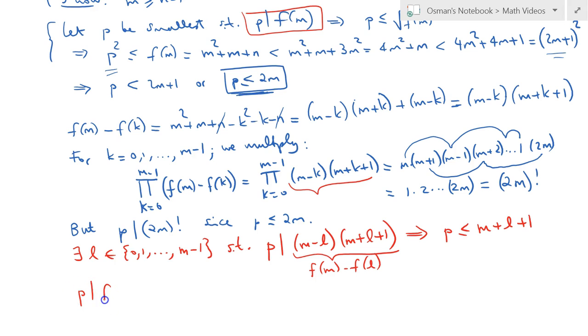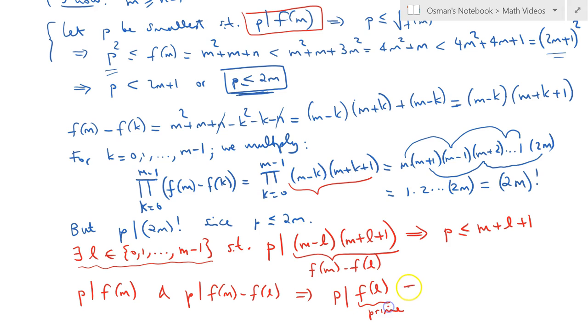So p divides f of m, and also p divides f of m minus f of L. So this implies that p divides f of L. But wait, L is less than m, obviously, in this range, but we know that m is the least integer such that f of m is composite, so f of L is a prime number. Therefore, p is actually equal to f of L.